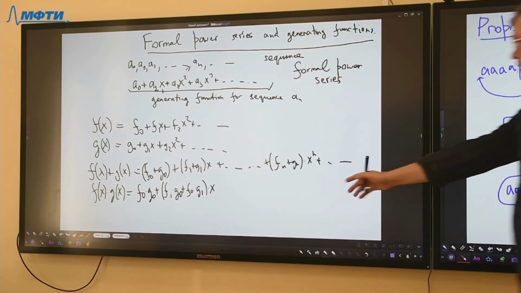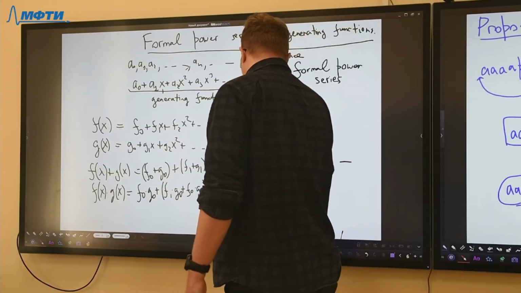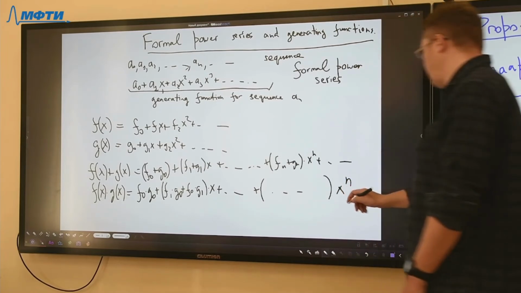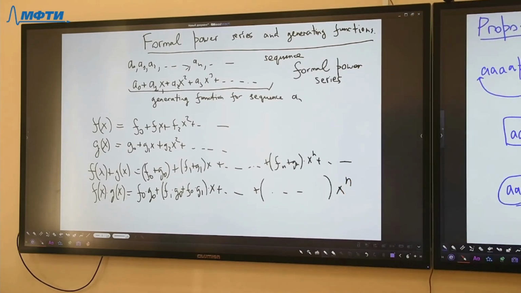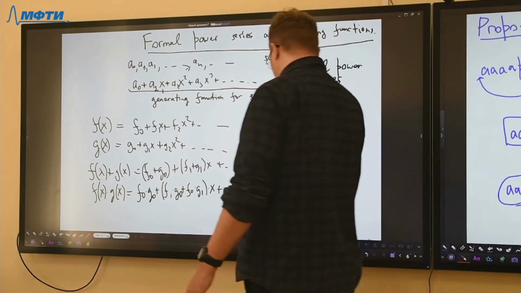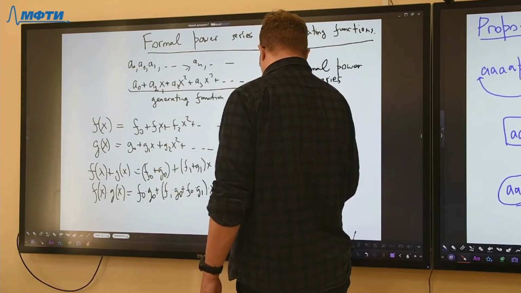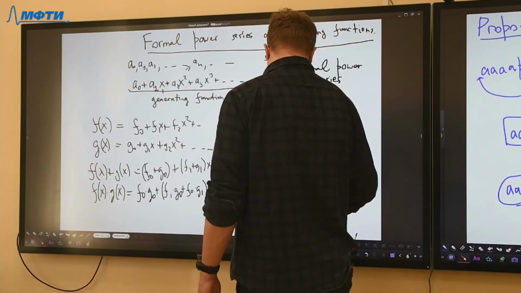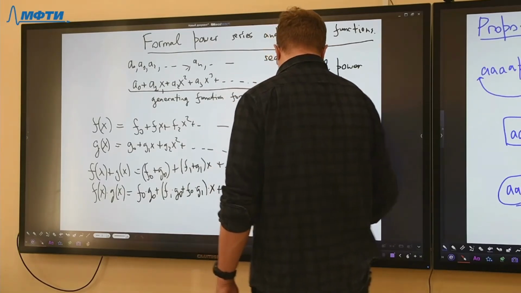So if you want to calculate the coefficient before x to the n power, we take f0 times gn plus f1 times g(n minus 1) plus etc., plus fn times g0.